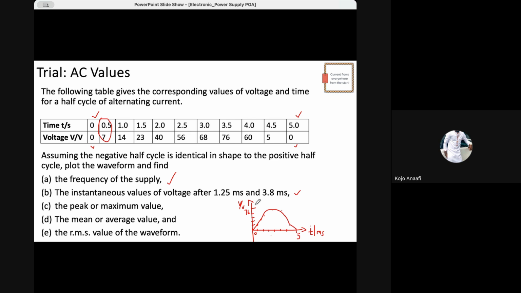So the 5.0 milliseconds by 2 will give us 10 milliseconds, which is equal to 0.01 seconds. So that is the period for the whole thing. Now we are looking for the frequency, and the frequency is 1 over the period. So if the period is 10 milliseconds, which is also 0.01 seconds, then the frequency is going to be 1 over 0.01, which will give us 100 hertz. Okay. Thank you. All right, you're welcome.